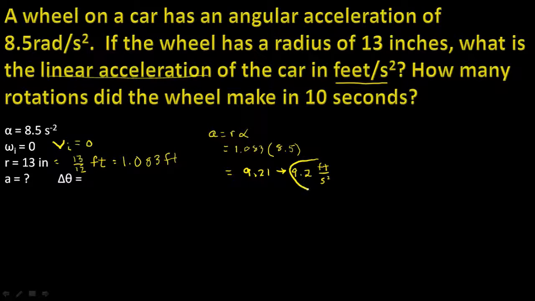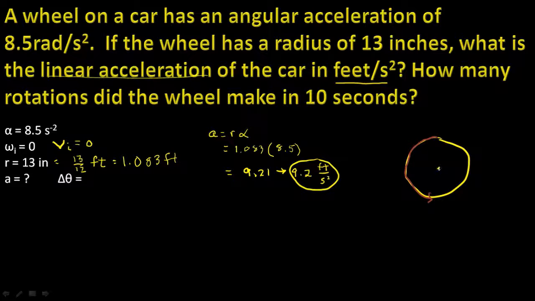Now, what does that actually mean? Well, what it means is if we have an object that's moving in a circle, there's the center, and we can start it from any place. We'll start it here, and it starts speeding up faster and faster as it moves in that circle.